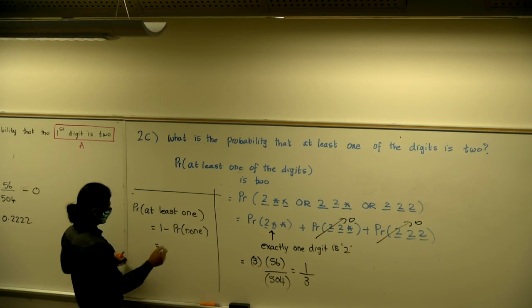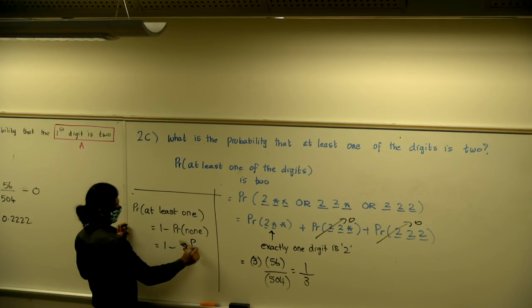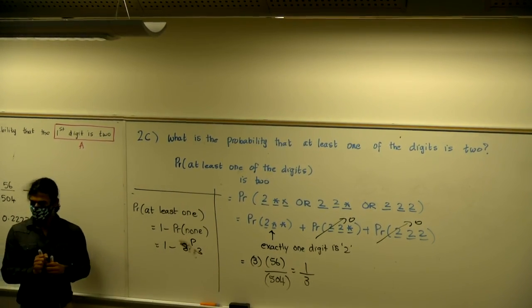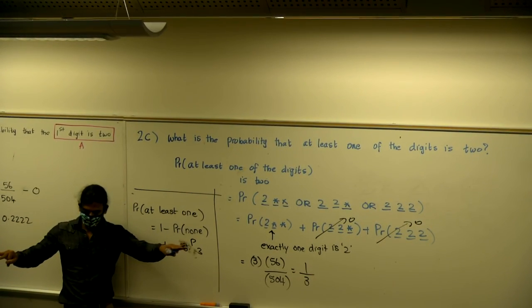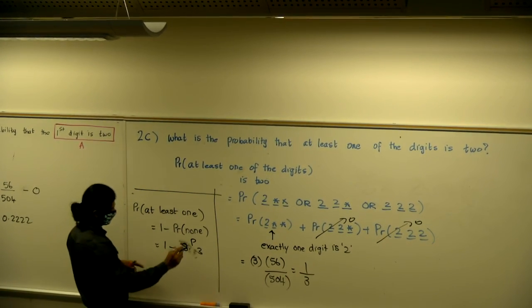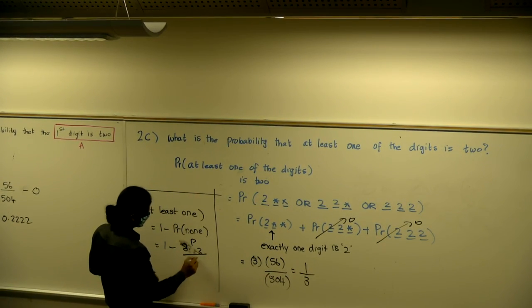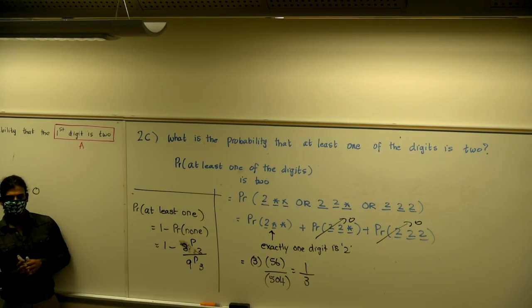So it would be 1 minus 8P3, because I'm choosing 3 digits from 8 digits, because 2 cannot be one of the digits, divided by the total number of possibilities, which would be 9P3. Yes?